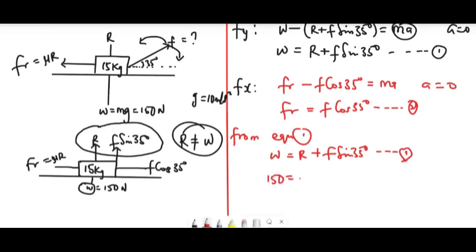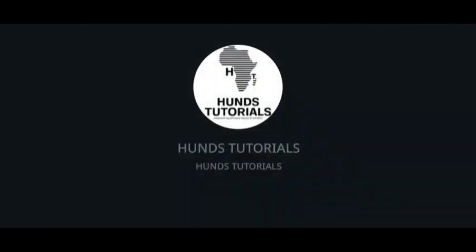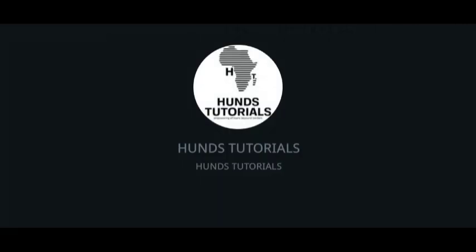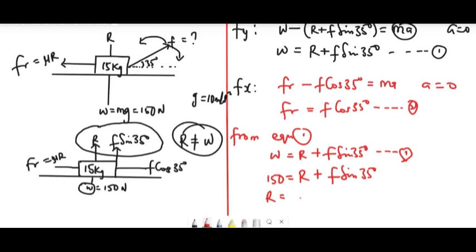My R is not given, so I don't have R, plus F, I don't have F, sine 35 degrees. So if you're looking for F, you make R the subject. If you're looking for R, you make F the subject. So I am making R my subject. So I'll be having R equal to 150 minus F sine 35 degrees, right?